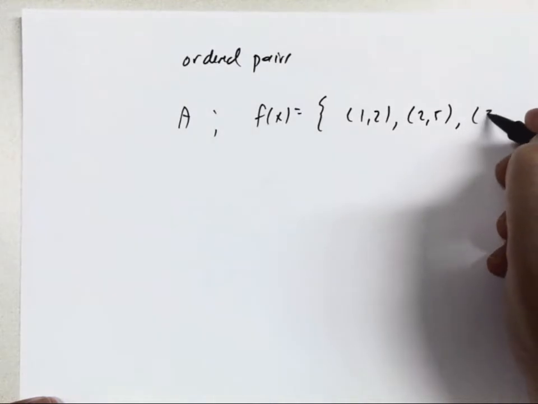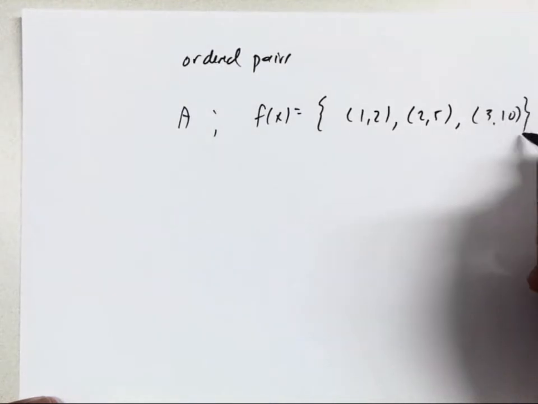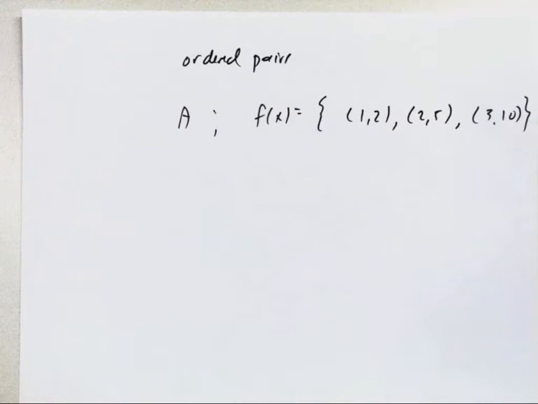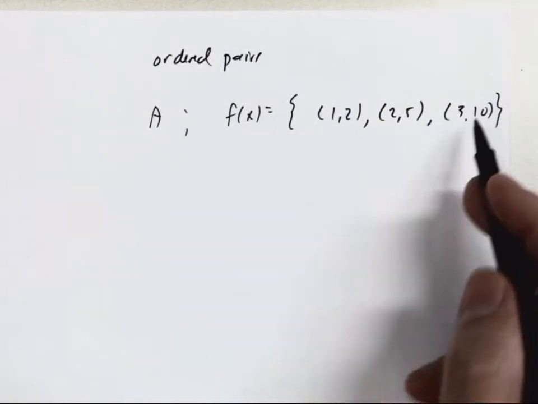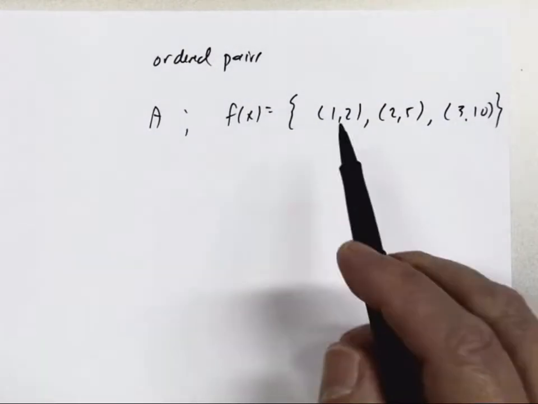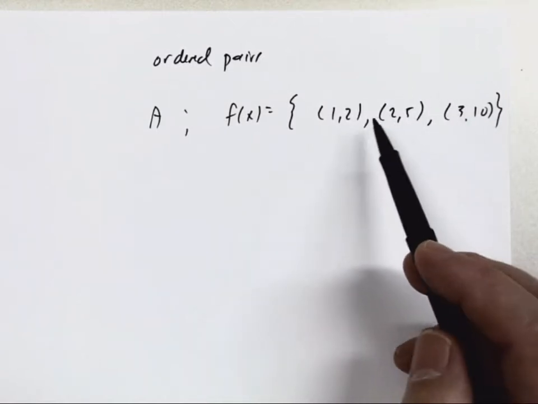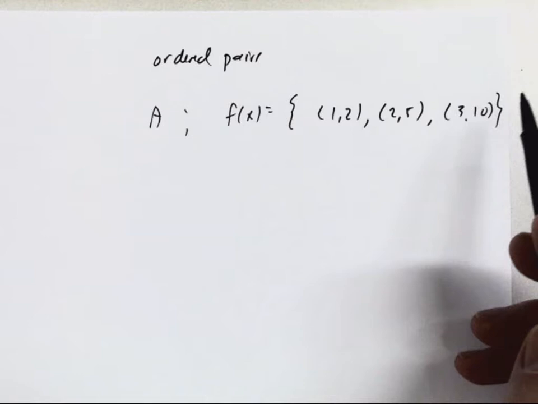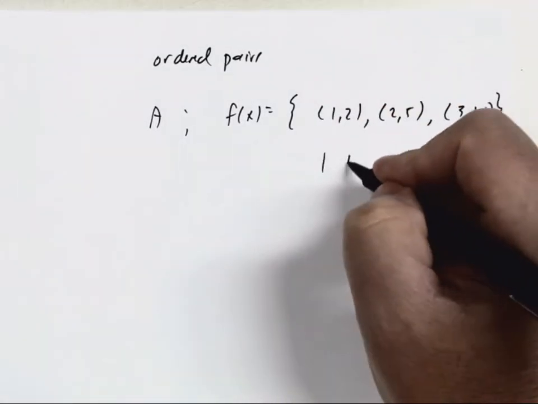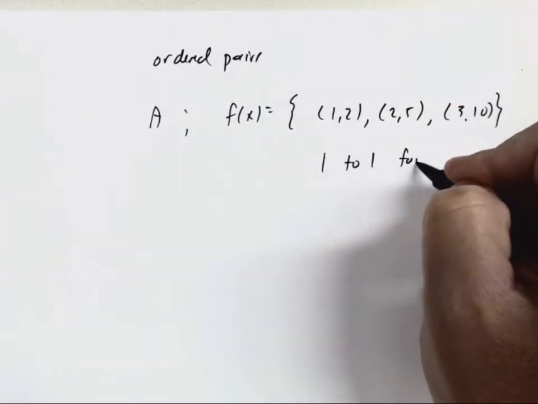We'll keep it simple. We'll just have 3 pairs. First of all, is this relationship a function? Do the x's repeat? They do not repeat. It is a function. Is it a one-to-one function? Do the y's repeat? They do not. This is a one-to-one function.